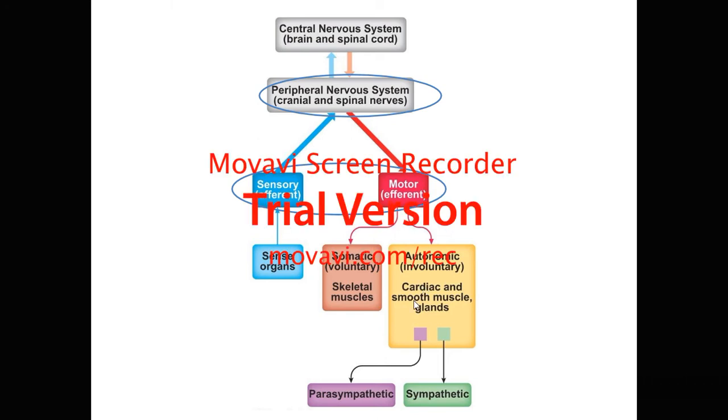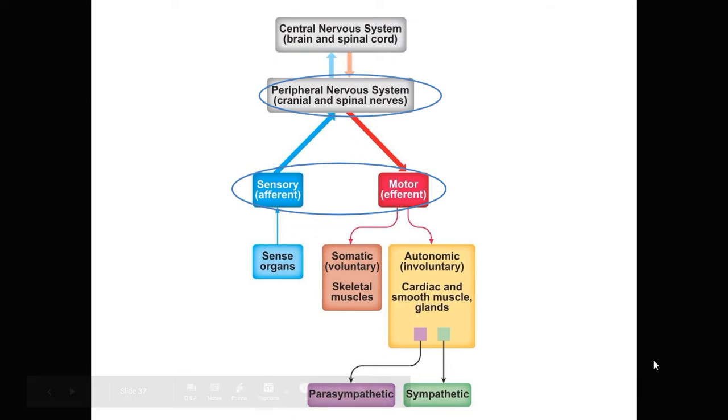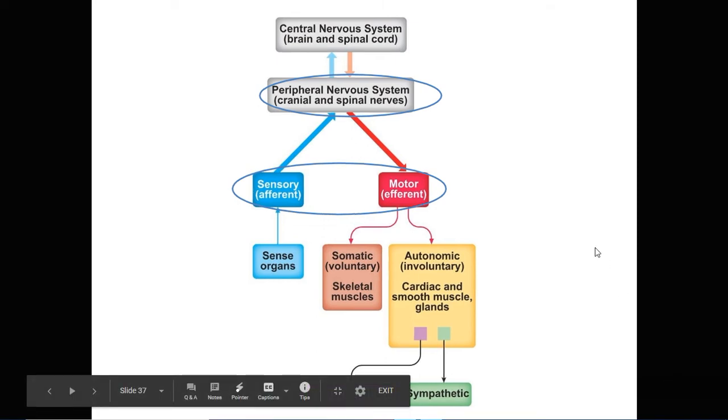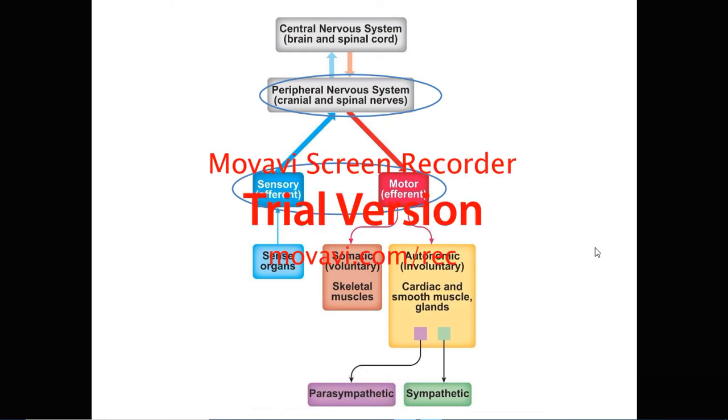Okay, and then in the autonomic nervous system, you remember you had the parasympathetic and the sympathetic nervous system. If you remember from a previous lecture, the sympathetic part of the autonomic nervous system deals with fight or flight, and the parasympathetic pretty much calms everything down.